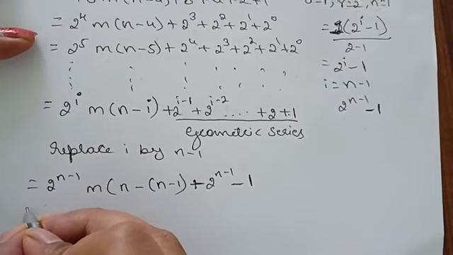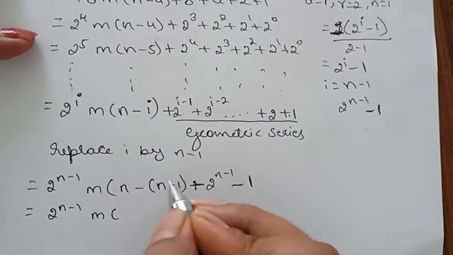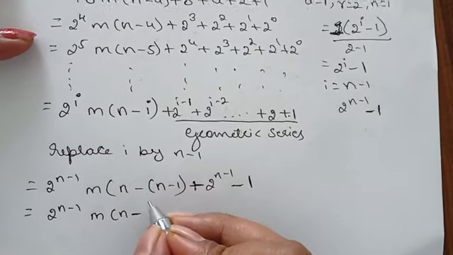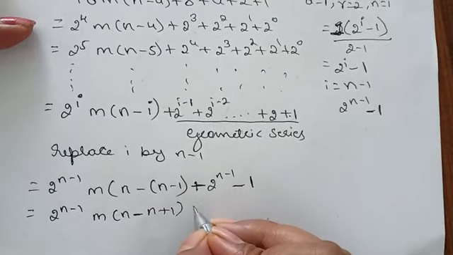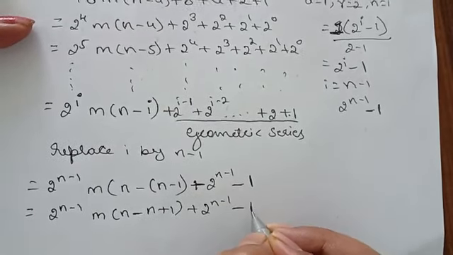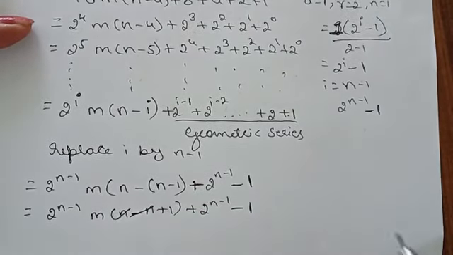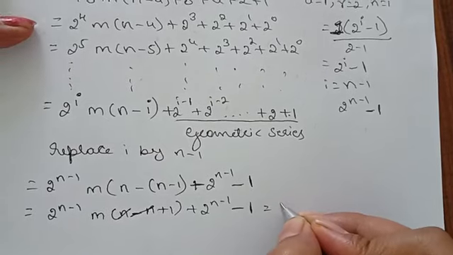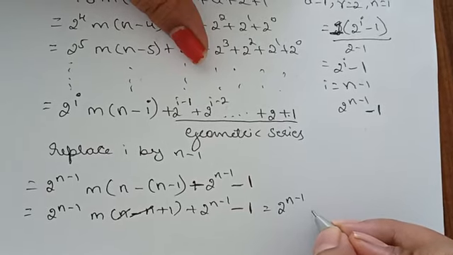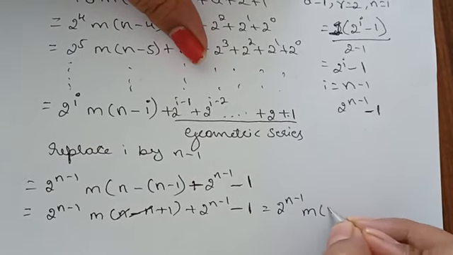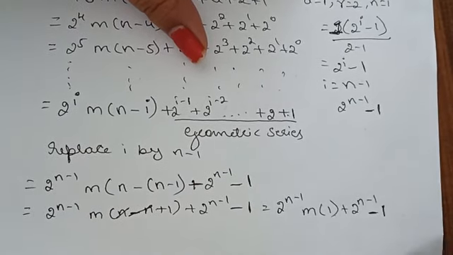So this one, if I solve, 2 power n minus 1 M of n minus n plus 1 plus 2 power n minus 1 minus 1. Yes. So minus n plus 1, n will get cancelled. So I'll get 2 power n minus 1 into M of 1 plus 2 power n minus 1 minus 1.